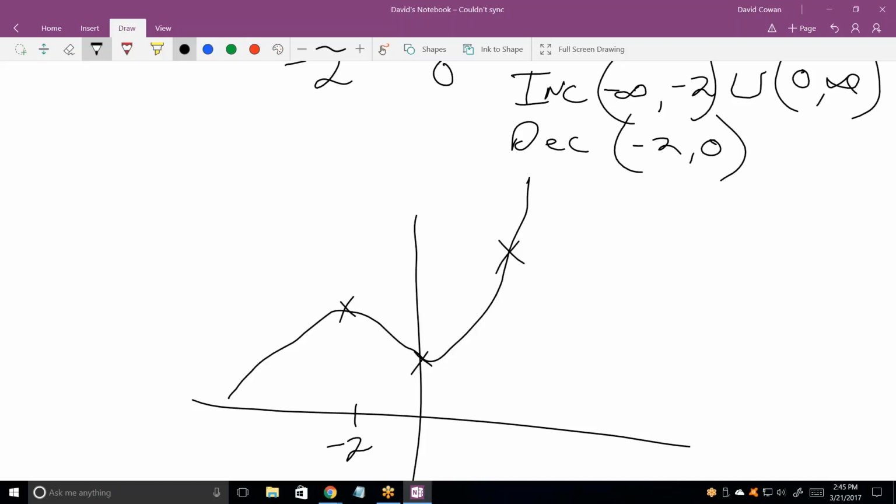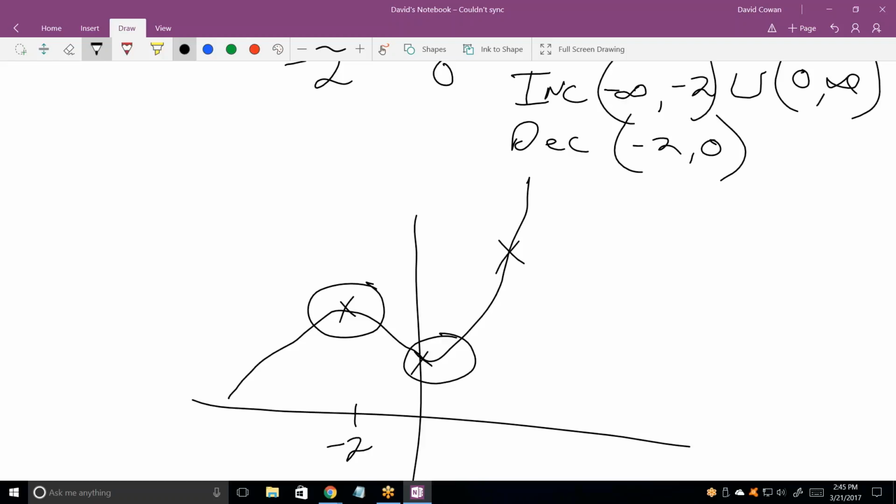The most important thing you want to identify on any function is its local extrema. That's a local extrema, that's a local extrema. Because it is a cubic, it has at most two local extrema.